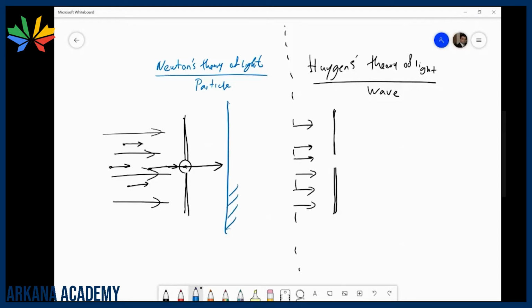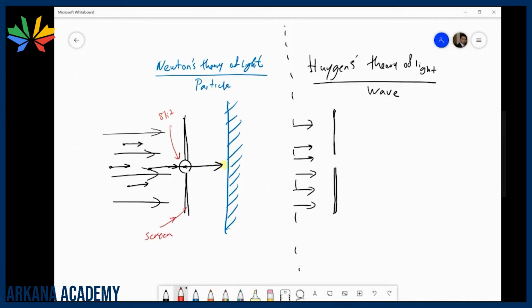If you place another screen here, you would see a very bright point, which is the particles passing through that specific opening or slit that we designed. So this is our slit, which allows the light to pass through, and this is our screen.